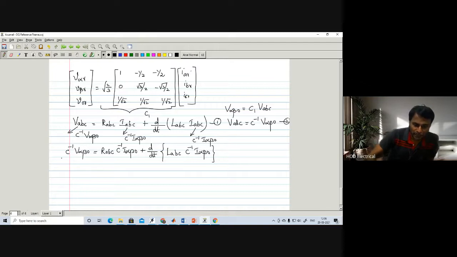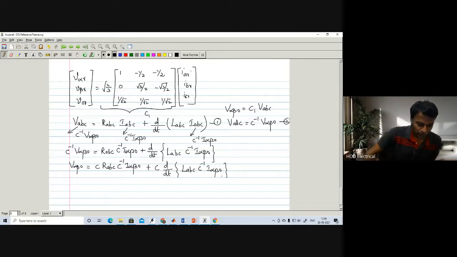Now if you multiply all those equations by the C matrix, C into C inverse equals the unit matrix, therefore we have V alpha beta naught equals C into RABC into C inverse into I alpha beta naught plus C matrix into d by dt of LABC C inverse I alpha beta naught. Now this consists of the inductance matrix.